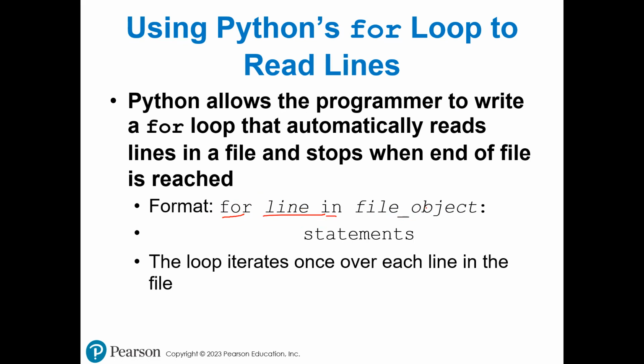So after you open the file, you're going to have a file object. And after that, you can perform this for loop. So for some sort of variable in whatever file you want to open, then you will put a colon, and then you will put whatever you want to do with that line. And this loop will go through every single line that exists inside of your file.